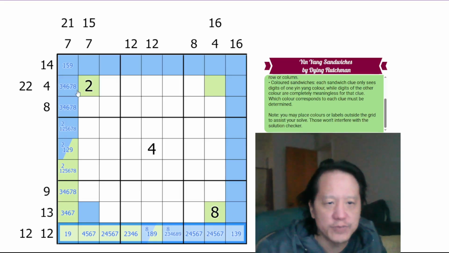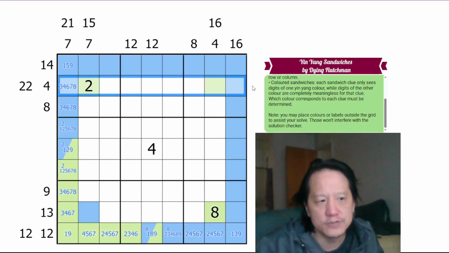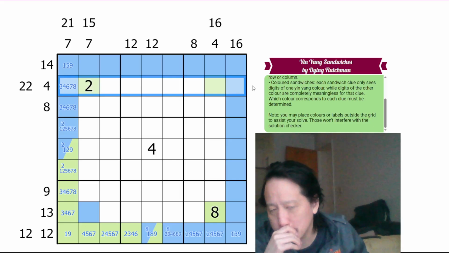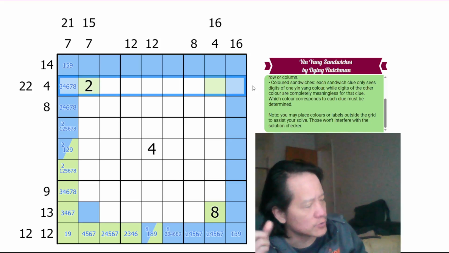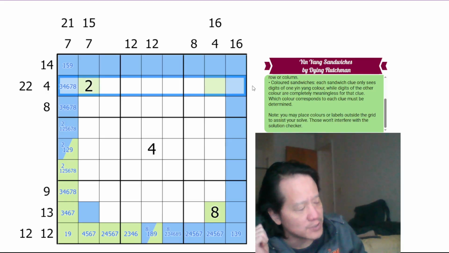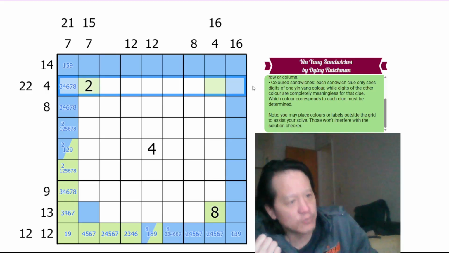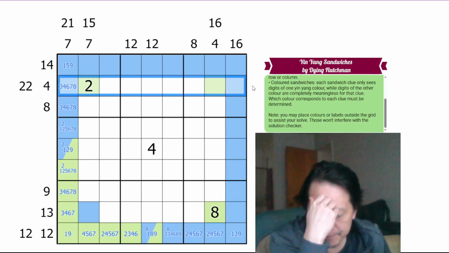Okay, yeah, we have something in row 2. The sum between them has to be 26, which means the outside ones must add up to 19 at most. We're guaranteed 1 and 9.